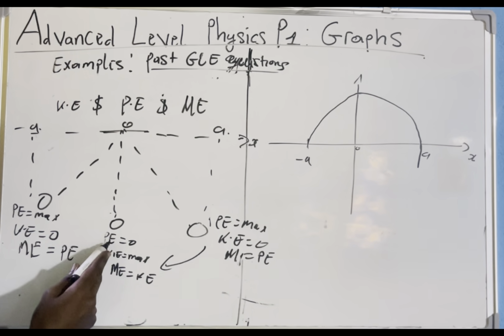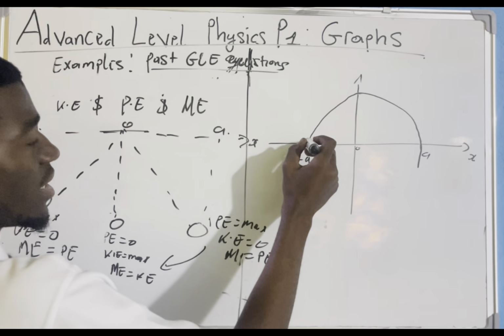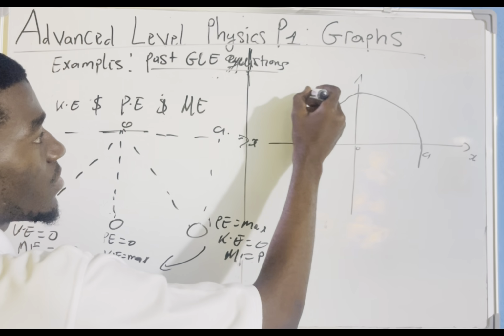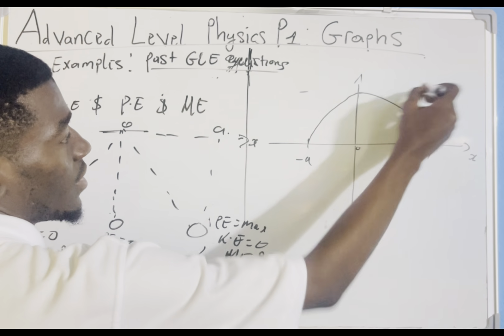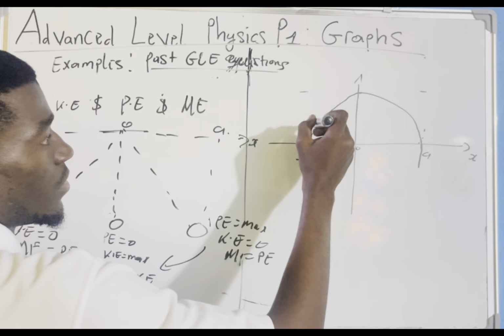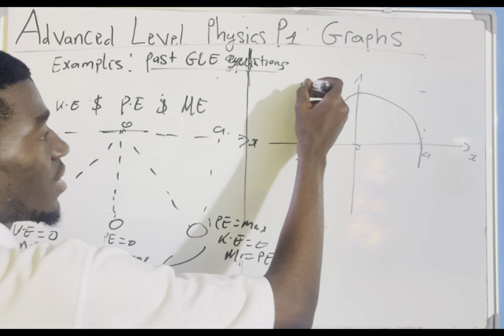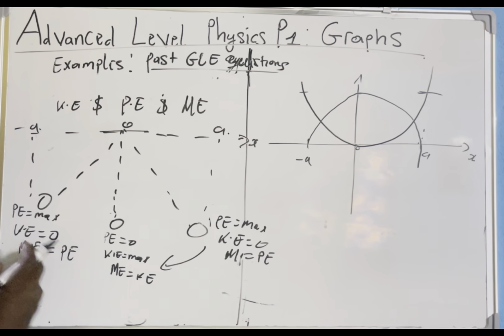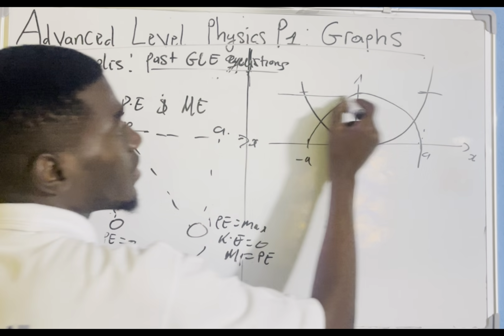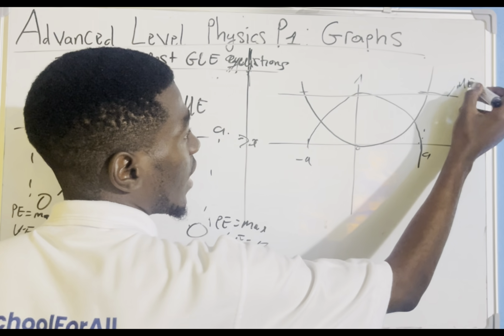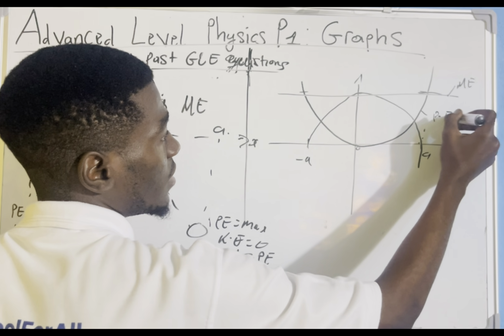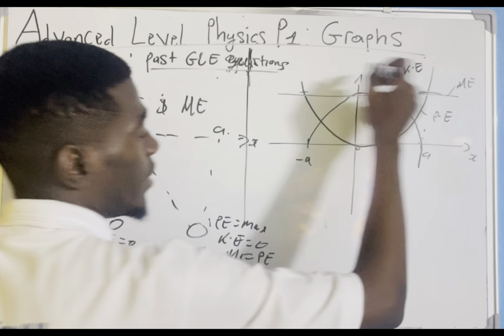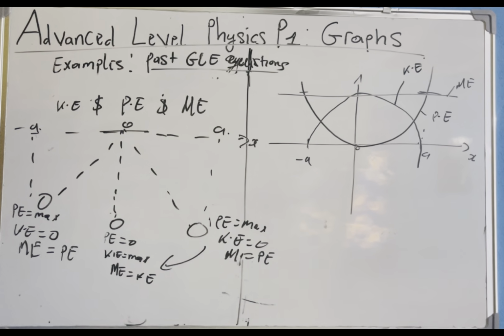Potential energy is maximum at the extremities, here and here, and minimum at the middle, so the graph passes like this. And now you see that all through the motion, we have a constant mechanical energy, the sum of this potential energy and this kinetic energy. So that is a summary on the energy when a body undergoes simple harmonic motion.